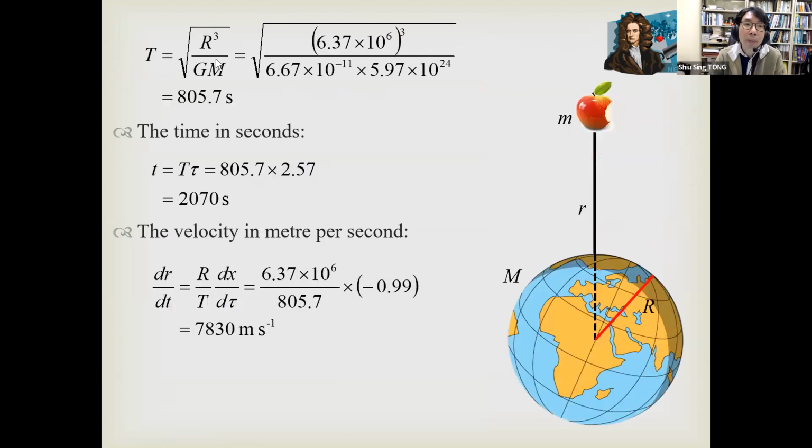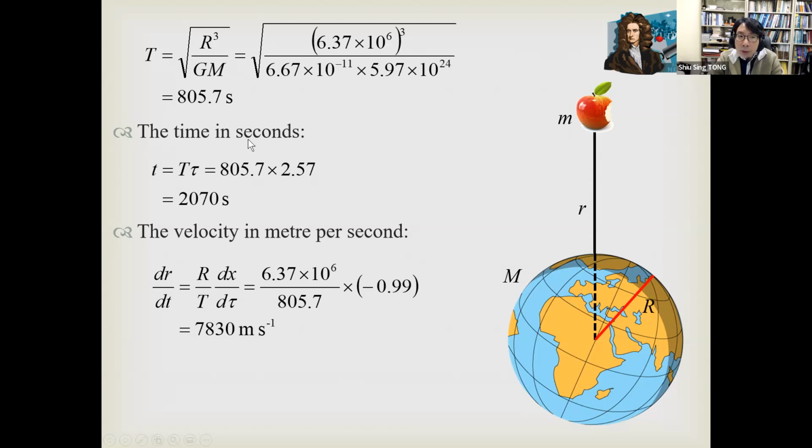If we first calculate the timescale T, we know that the radius of the Earth is about 6.37 times 10 to the power 6, the gravitational constant is 6.67 times 10 to the power -11, and the mass of the Earth is about 6 times 10 to the power 24. We plug in all these numbers, and we find that the time scale is about 807 seconds.